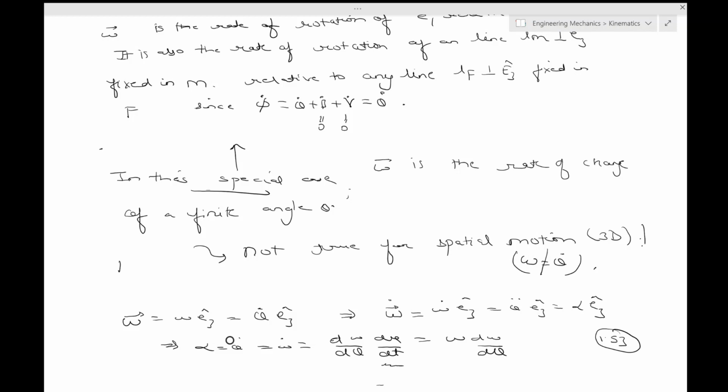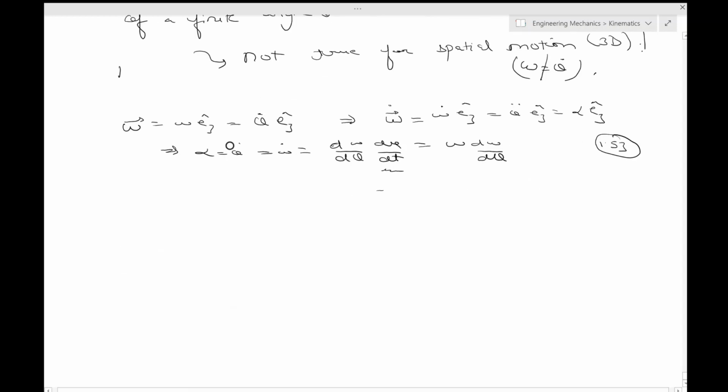So if you are ever given the situation that theta double dot is equal to alpha, and alpha is a function of omega, theta, t, remember, we have done this for the acceleration, where acceleration was a function of position, velocity and time. Similarly is the case for this alpha as well.